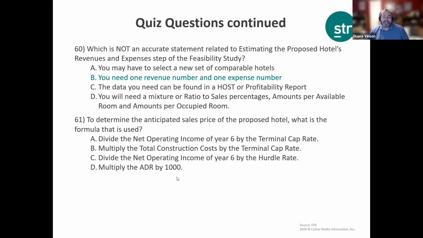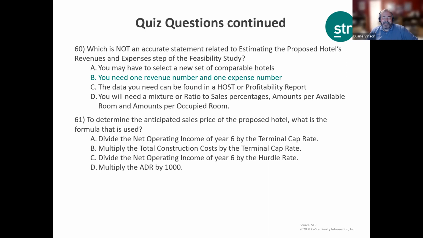Number 61, to determine the anticipated sales price of the proposed hotel, what is the formula that is used? See, this is getting into the deep end, isn't it?